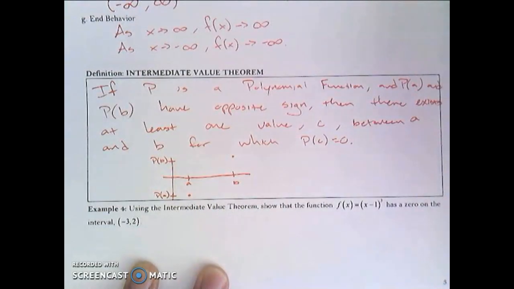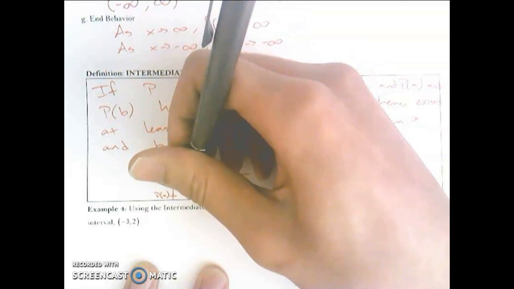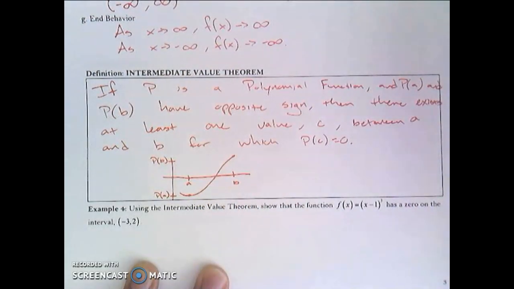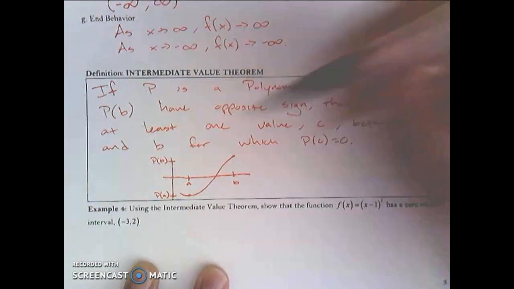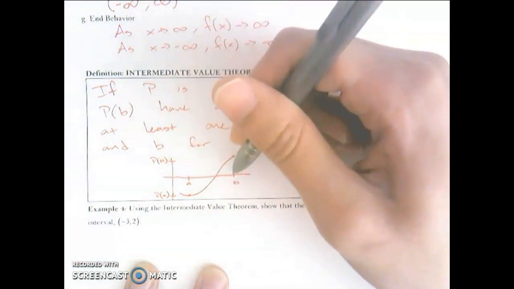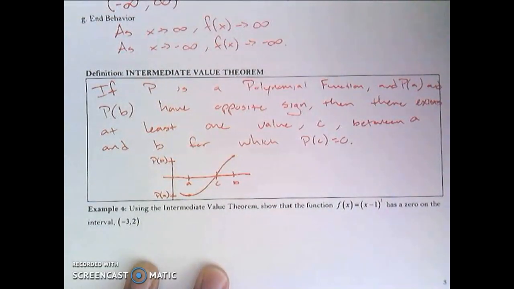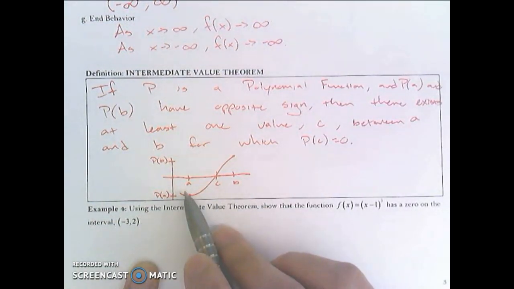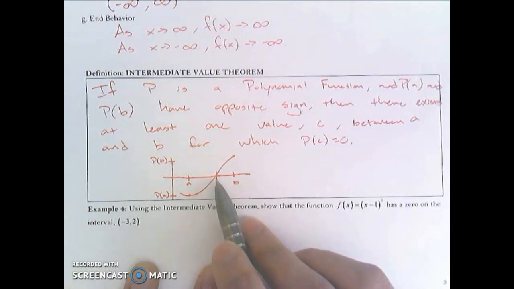And we know that it's a polynomial function, so it's smooth and continuous. So we're coming up here. So for some interval a and b, the intermediate value theorem states that there exists at least some point between a and b, we'll call that point c, such that p of c is equal to 0. So it's saying that if there are opposite signs on an interval a and b, then somewhere in the middle of that interval there exists a 0.